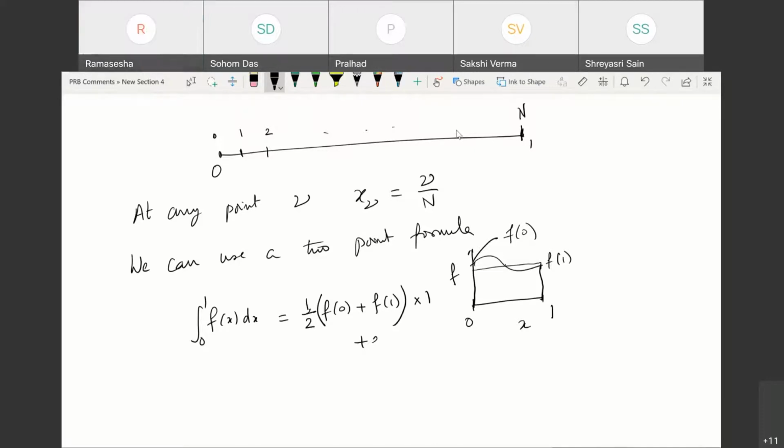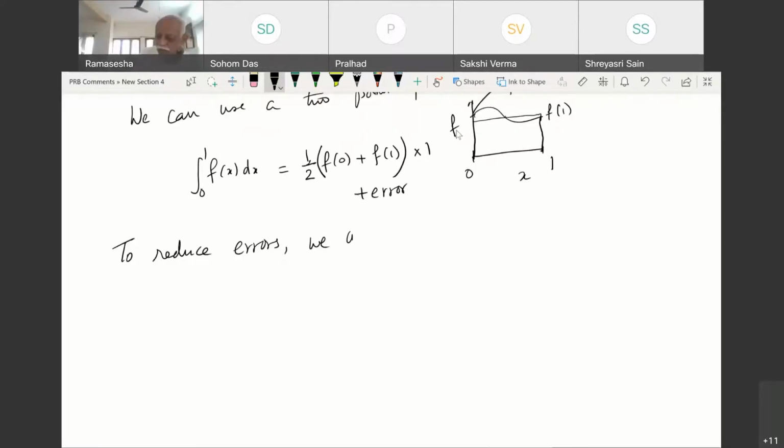So we use more points between 0 and 1. For example, I can have the following: integral 0 to 1 f(x) dx is equal to 1/6 f0 plus 2/3 f(1/2) plus 1/6 f1.